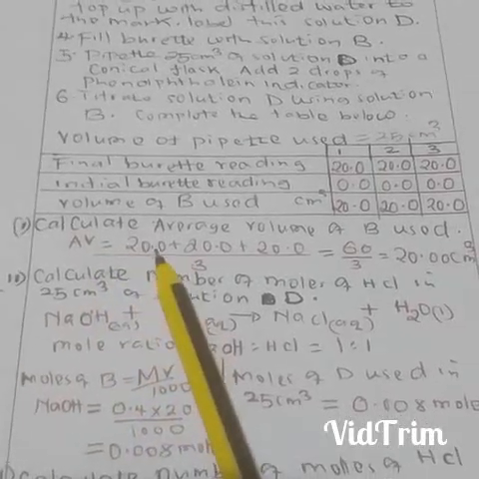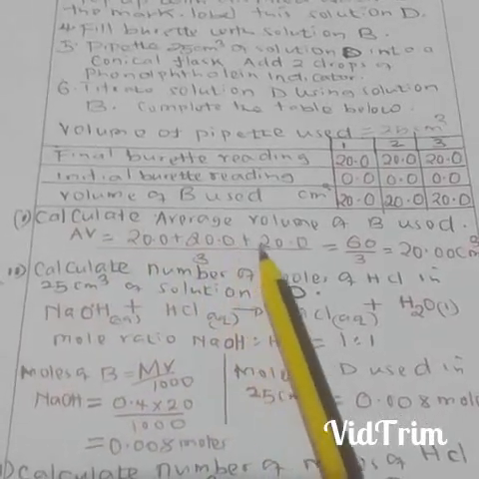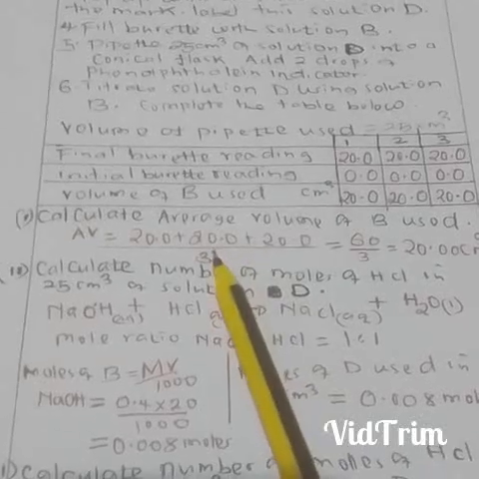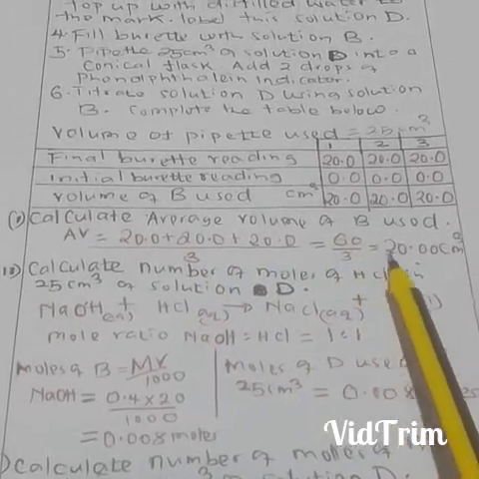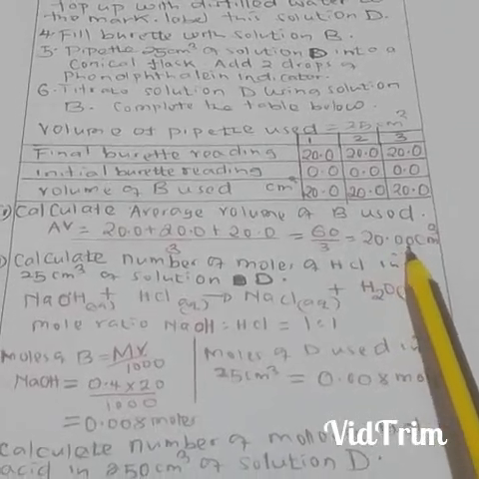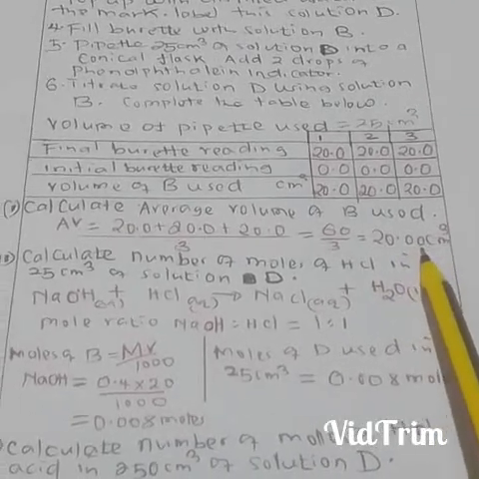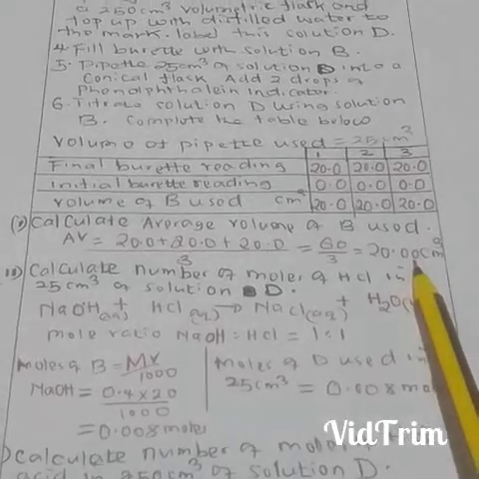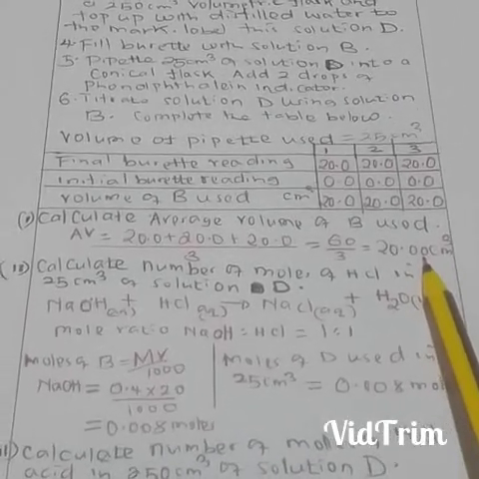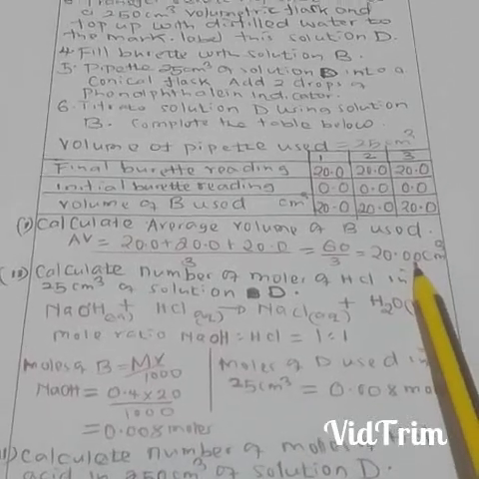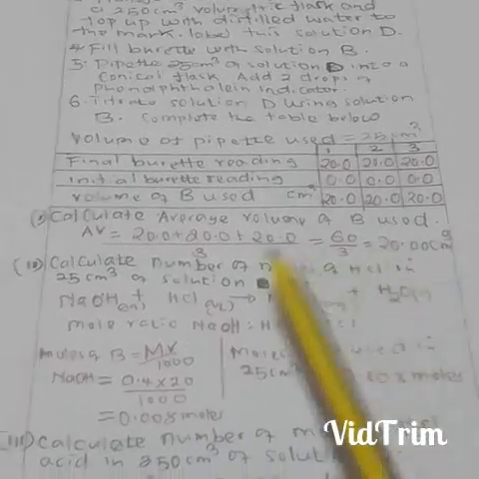Average volume, you take 20.0 plus 20.0 plus 20.0, then you divide by 3, which is equal to 60 divided by 3, it is 20.00 centimeter cube. And I'm giving the average volume in 2 decimal places. This is because for accuracy reasons.